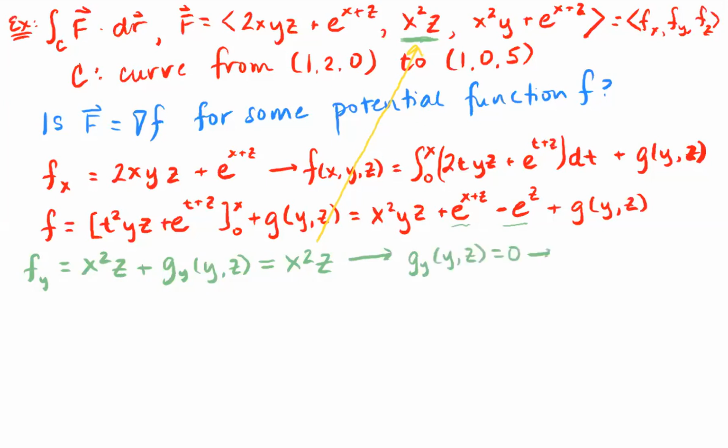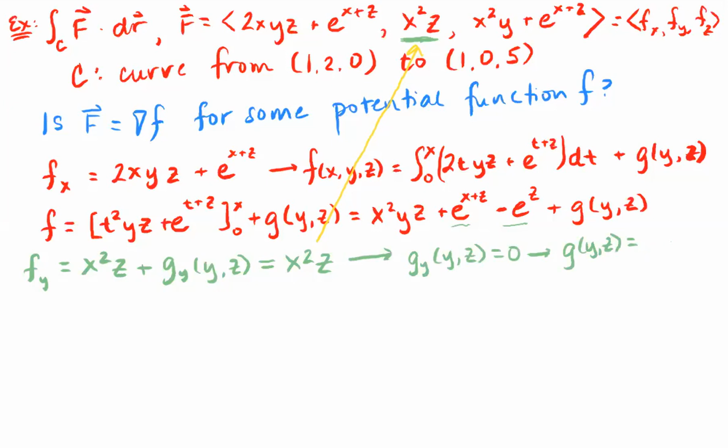which means now if you integrate that, you're going to get that g of y, z equals C plus, well, actually, let me just rewrite that. That's going to equal only some function of z.